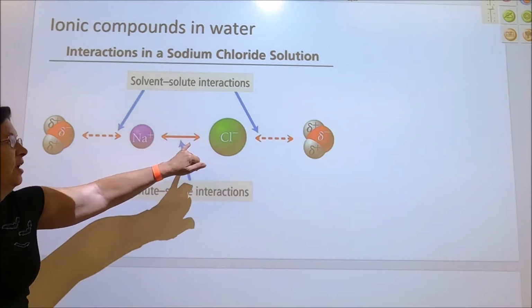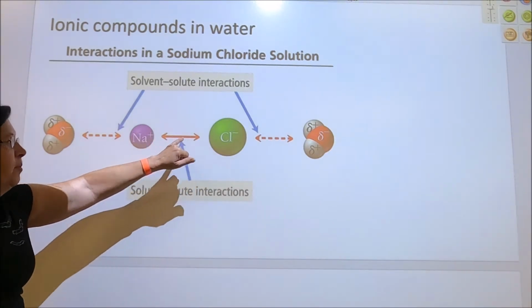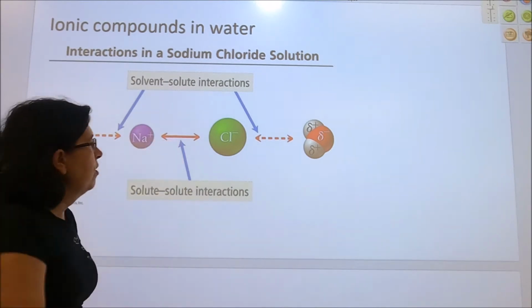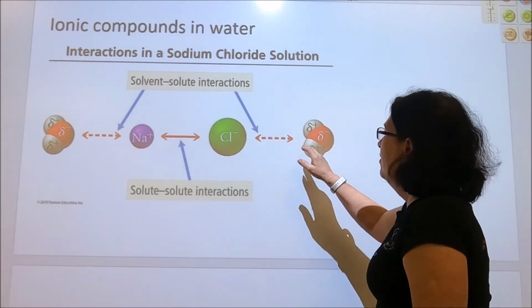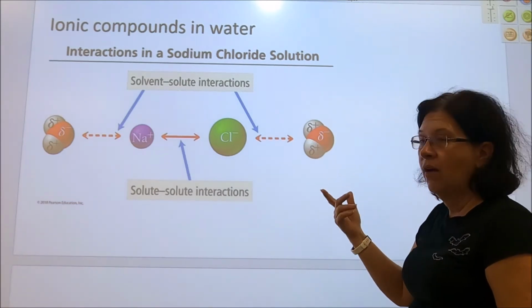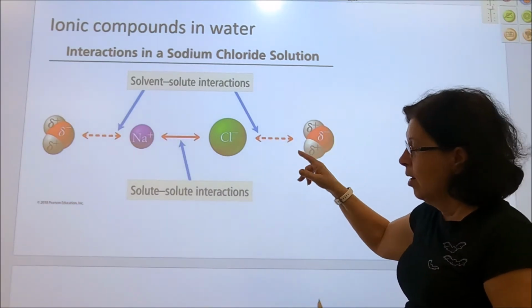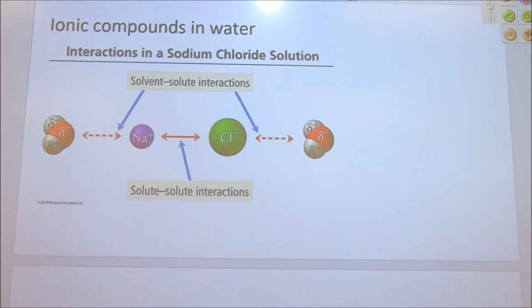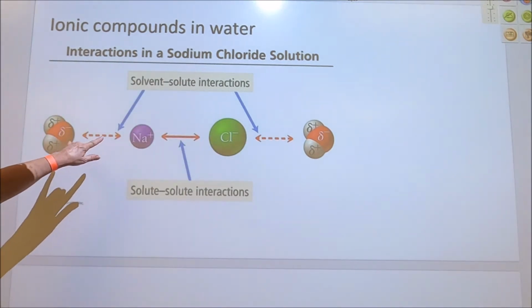And then there's, of course, the ionic bond between the sodium ion and the chloride ion. And then we have an interaction between the chloride ion and the positive side of the water molecule, because water is polar. Now, there's a battle going on.